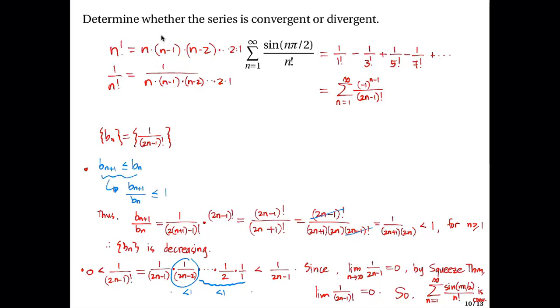Siyempre, ito, malalaki to sa 1 eh. Si n minus 1, mas malaki yan kay 1. Si n minus 2, mas malaki yan kay 1. So, yung mga reciprocal nila, mas maliit na kay 1. Tama ba? For sufficiently large n, 2n minus 2, it's greater than 1. So, 1 over something greater than 1 will be less than 1.